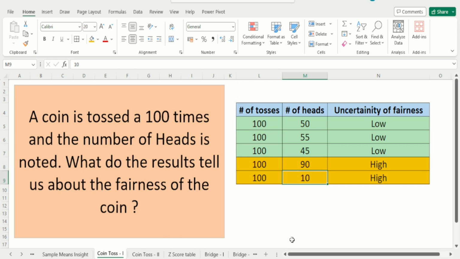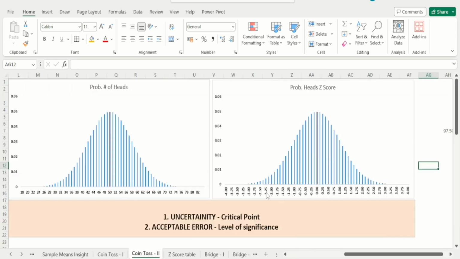How do we decide the point beyond which we can say, now I'm suspicious enough that this is not a fair coin? There's no one single answer to it. However, the answer comes from what level of error we are willing to accept.